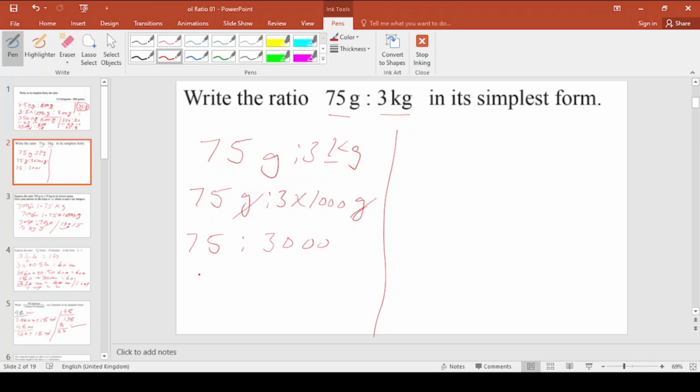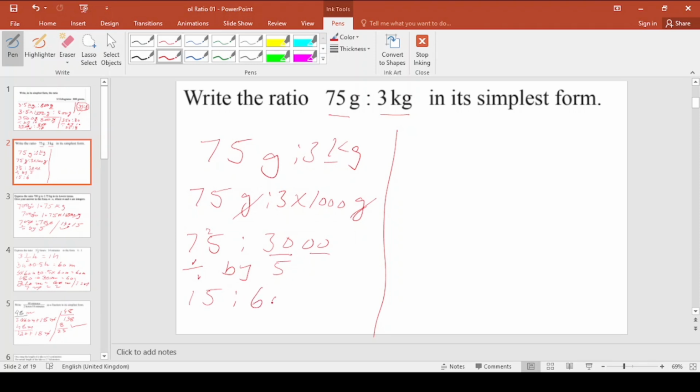Yes, we divide both of them by a common factor to simplify it or to write in its simplest form. So divide by 5. So 5 ones are 5, 5 fives are 25, 5 sixes are 30.